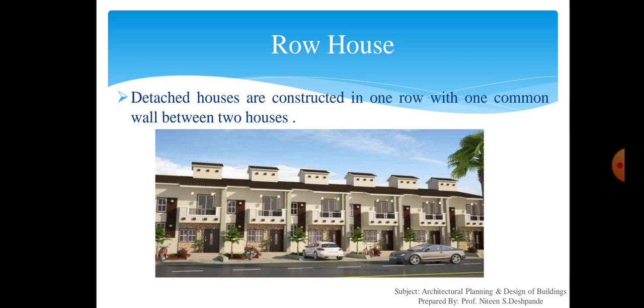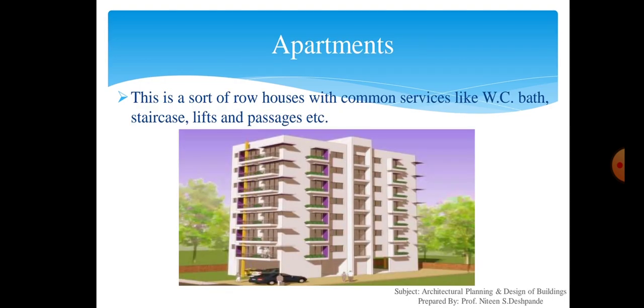The last type of residential building is called the apartment, or we can also call it ownership flats. This is a sort of row houses with common services like water closets, bath, staircase, lifts, and passages, etc. For example, hotels, dormitories, and the ownership flat, of course.